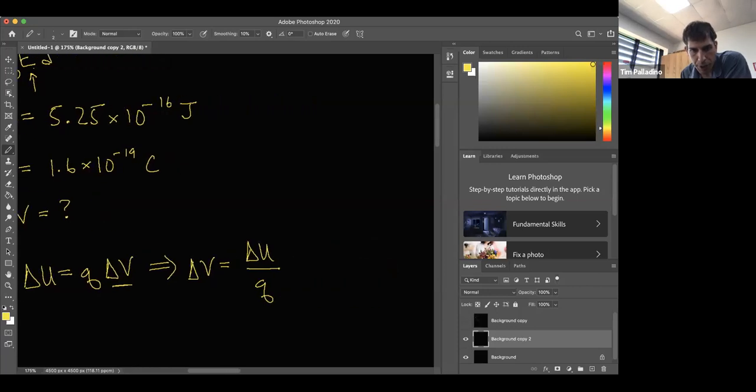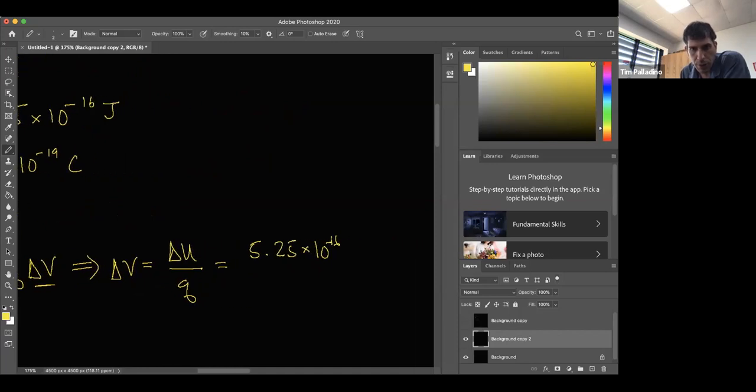So in this case, this is going to be 5.25 times 10 to the negative 16 joules, and the charge on an electron is 1.6 times 10 to the negative 19 coulombs. Can you guys do that in your calculator for me, please, and tell me what you get for a number?